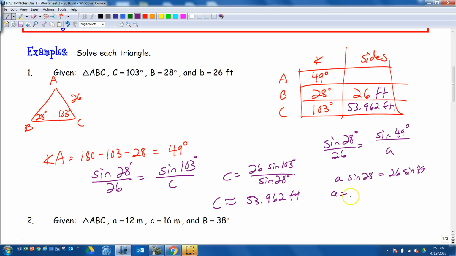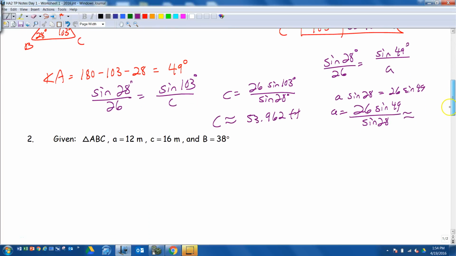A is equal to this divided by this, which is approximately 41.797 feet. Okay, so again, a quick check. The biggest side should always be across from the biggest angle. That looks good. So all that is the information for this triangle.